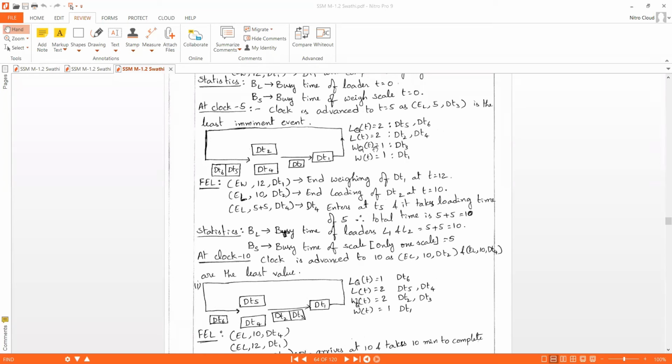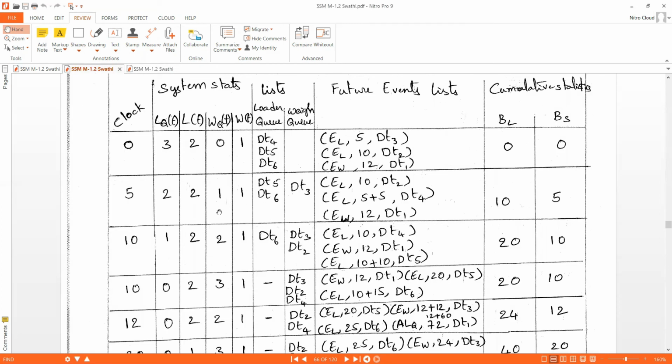Next, WQ of t: we have one truck, DT3, so WQ of t equals 1. Next, at the weighing scale we have only one truck, DT1. We have only one weighing scale, so W of t will be either 1 or 0. If a truck is at the scale, then W of t will be 1, else it will be 0. Understood this?